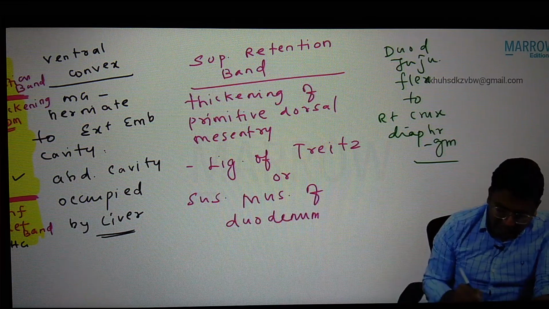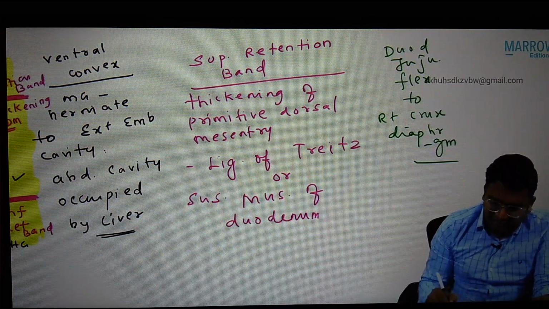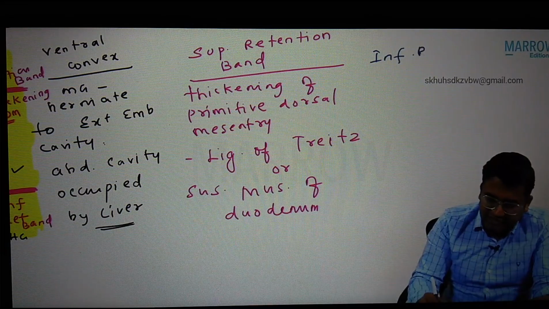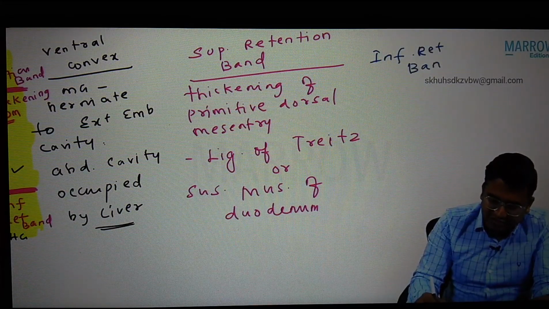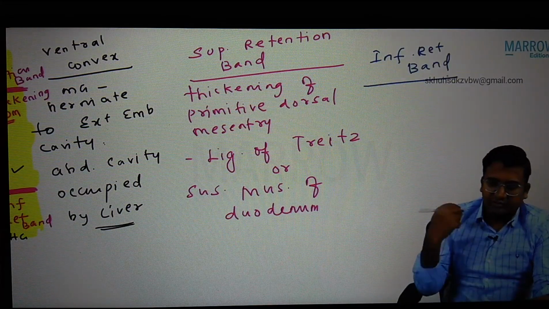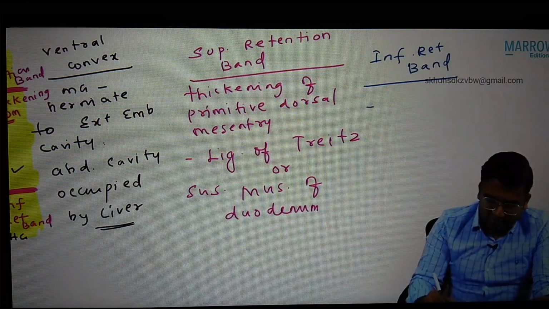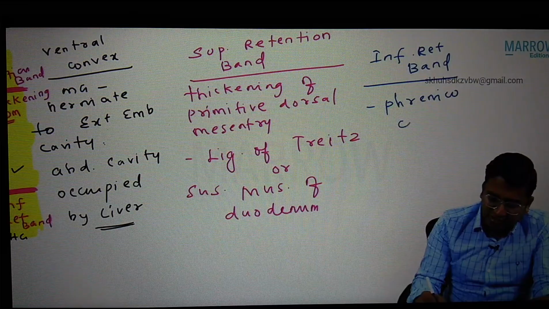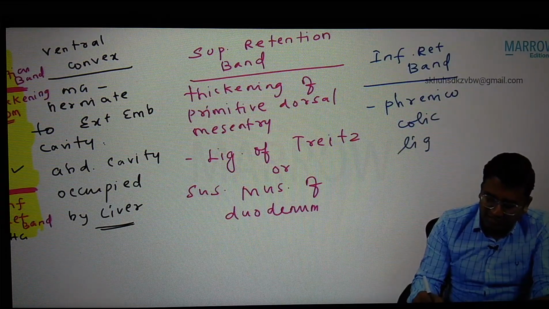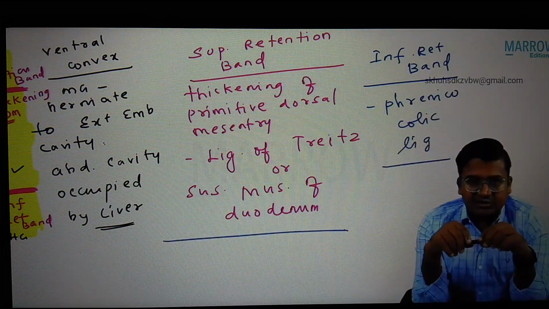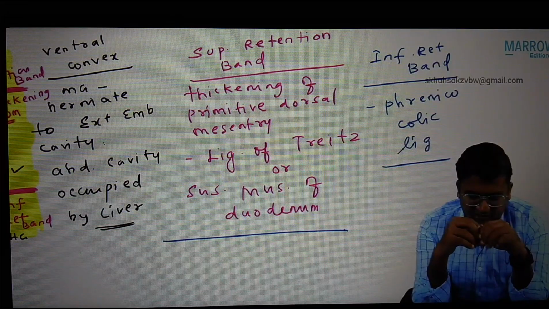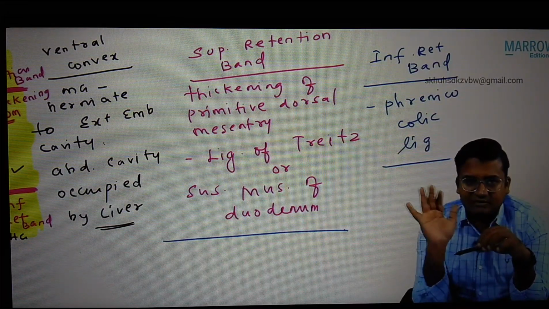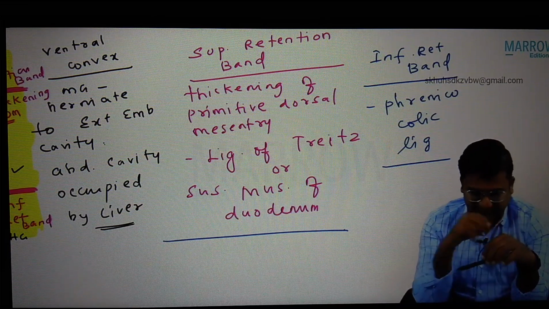Now what about the inferior retention band? The inferior retention band forms the phrenicocolic ligament, again a thickening of the primitive dorsal mesentery. So the suspensory muscle of the duodenum is derived from the superior retention band, and the phrenicocolic ligament is derived from the inferior retention band. Just know this detail, it is more than sufficient.